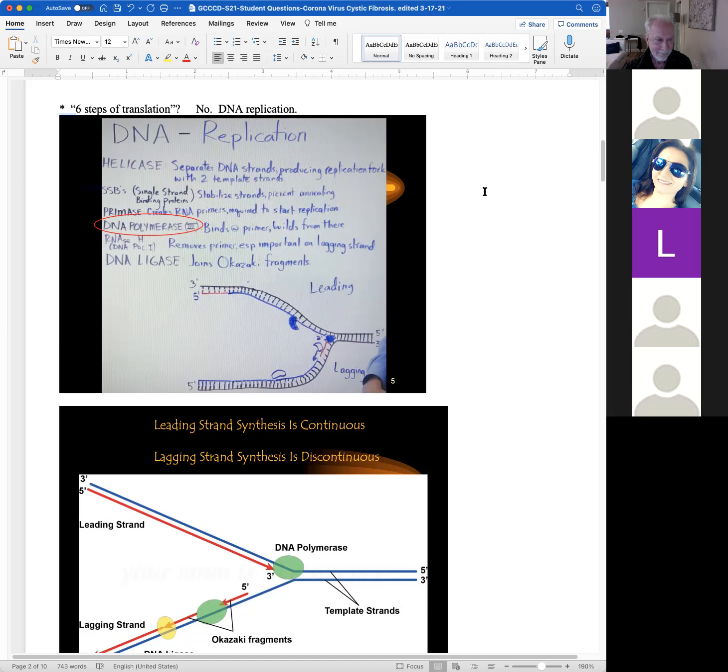It's not something that is specifically part of replication, because topoisomerase can unwind DNA for many things as it's needed. So that's not necessarily a true absolute replication step, but this is. So in this case, assume that helicase is step 1.